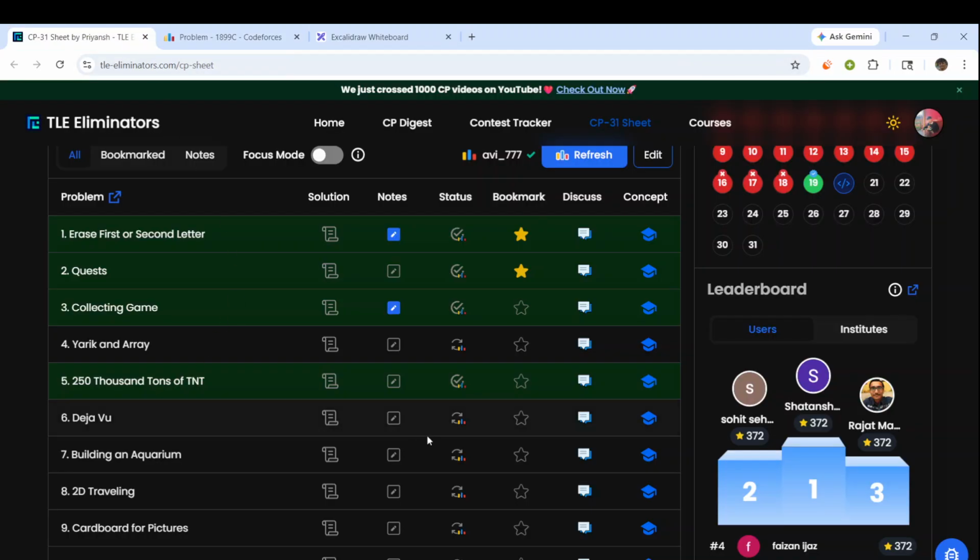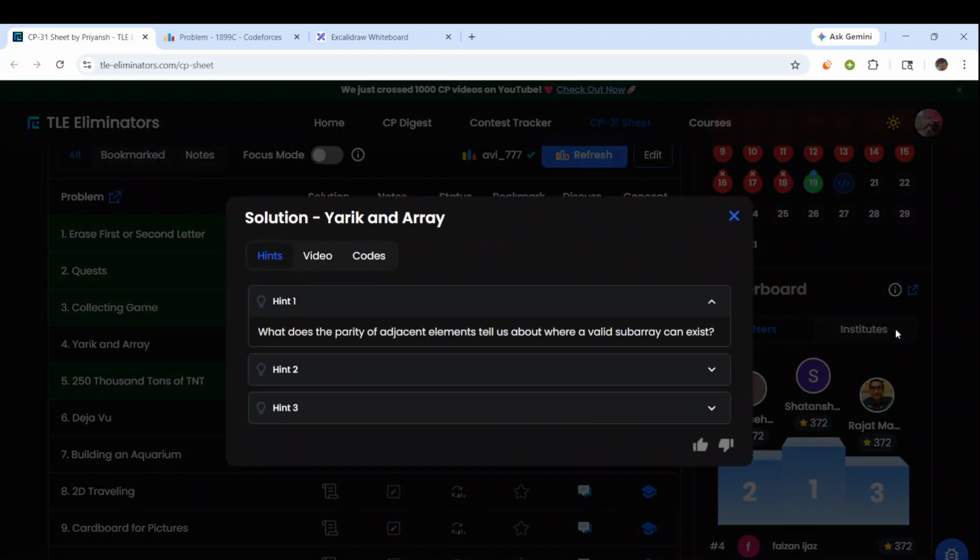I did hint. What does the parity of adjacent elements tell us about where a varied array can exist? What does it say?